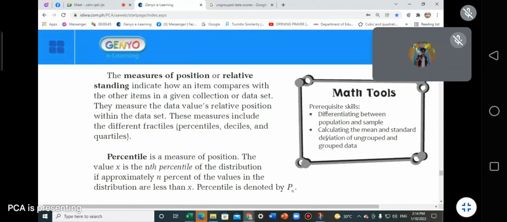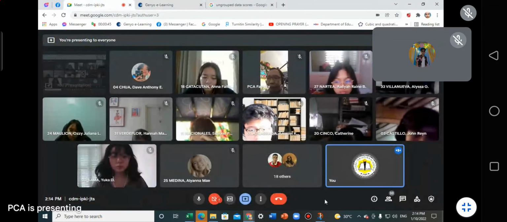What is mean and standard deviation? And what are the formulas of those mean and standard deviation when we evaluate ungrouped and grouped data? Okay? Can you find out? Because if you find out early on, then tomorrow my discussion will be so easy.